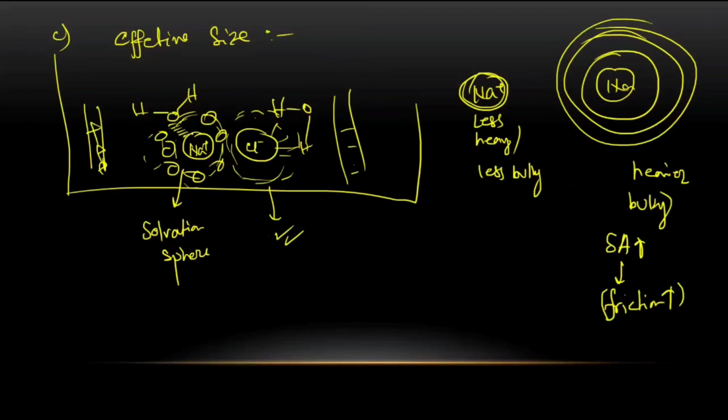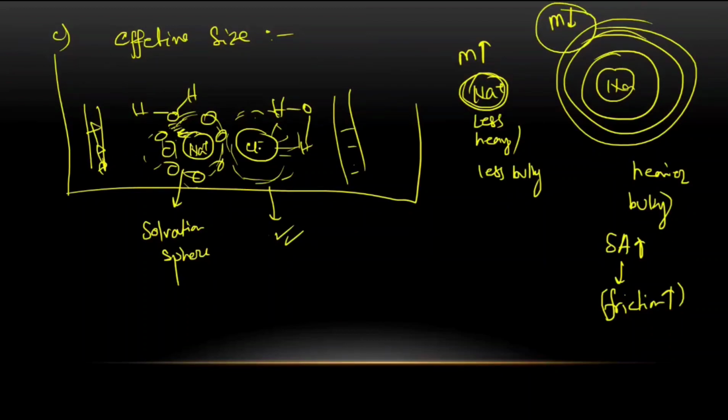So when only Na plus would move, it would move much faster than with the hydration sphere. So when the sphere is formed, mobility will decrease.